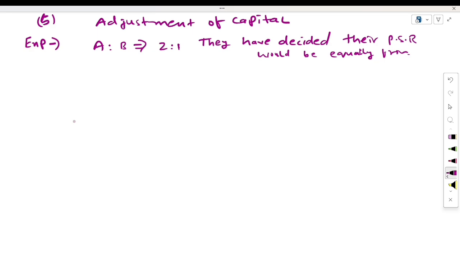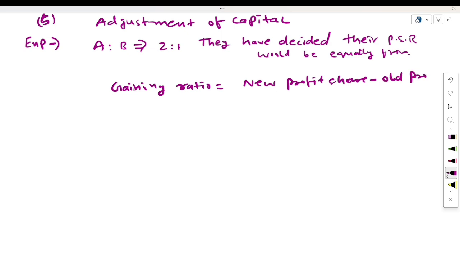Remember the point that if you want to calculate the gaining ratio, then the formula you will use is new profit share minus old profit share. This formula we will use when we have to calculate the gaining ratio.